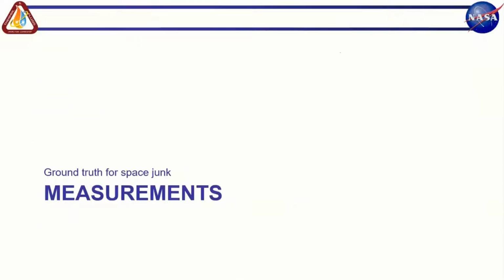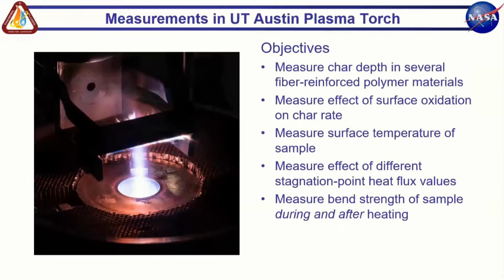And so the Orbital Debris Program Office did a series of test campaigns to measure the charring and strength of different composite materials in a simulated reentry flow. We did our measurements at the University of Texas at Austin inductively coupled plasma torch.